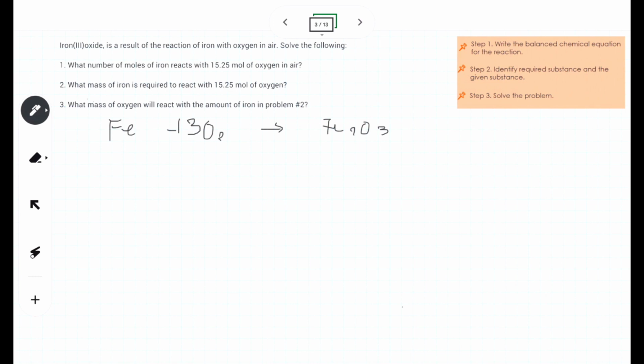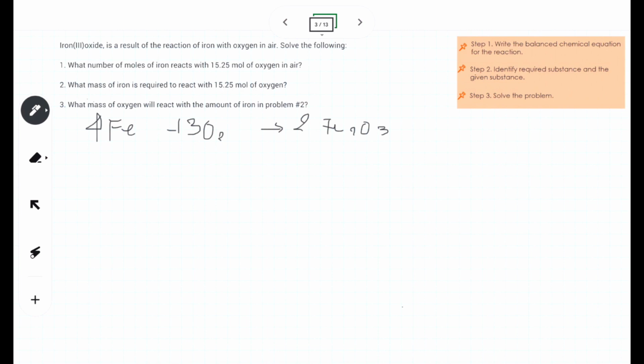So now we have 6 oxygen atoms, which means we need to put 2 in front of iron oxide. The oxygen atoms of both sides are now equal, but the iron wasn't, so let us put 4 in front of it. Now we have a balanced equation.